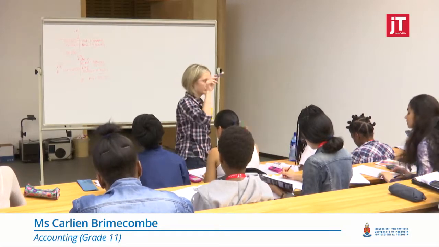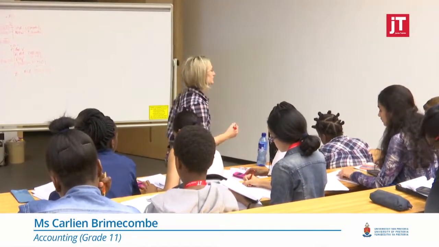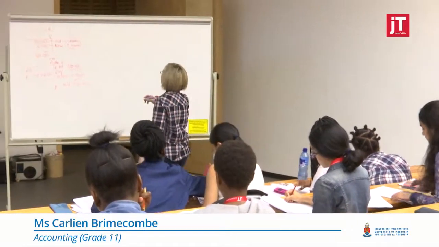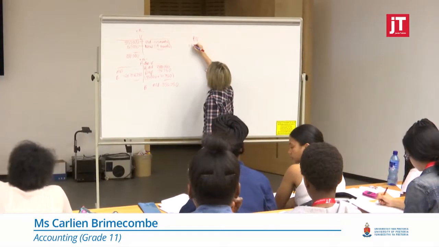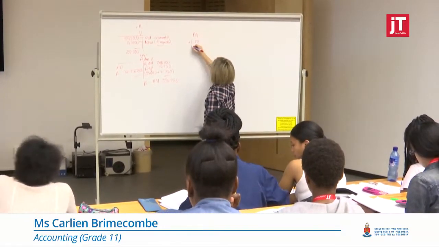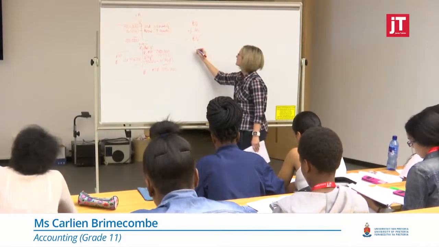Right. Now, if you take your carrying value in the beginning, plus or minus, it depends if your movement has a bracket or no bracket, it should equal the carrying value at the end. So it's book value beginning, plus or minus movement, equals the book value at the end.